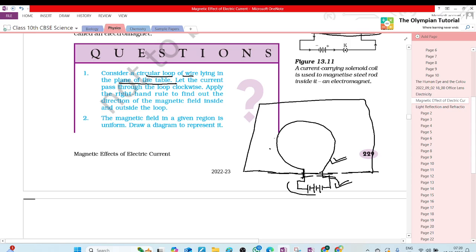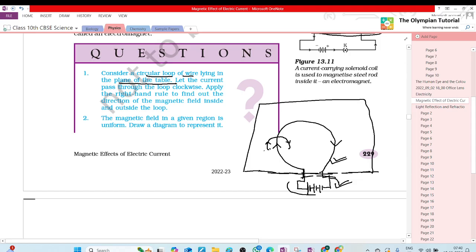Did you get the diagram, students? Yes, ma'am. It should be the direction of current, as here it is the positive terminal, negative terminal. It will move like that. So here field lines go like this. Firstly listen to me, after that I will show you the proper diagram.